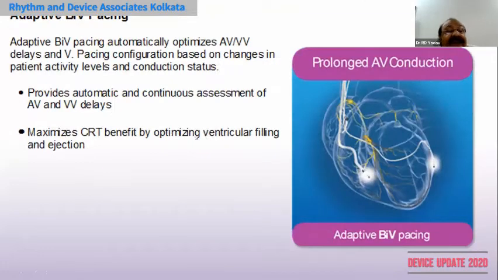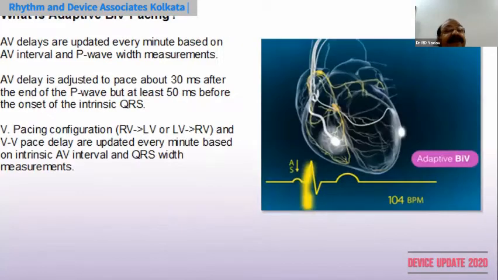And adaptive BIV occurs when you have VV delay, it adjusts by seeing the far field QRS. If the far field QRS is wide, the LV will pre-excite further, in such a way that the QRS becomes fused and it becomes narrow.